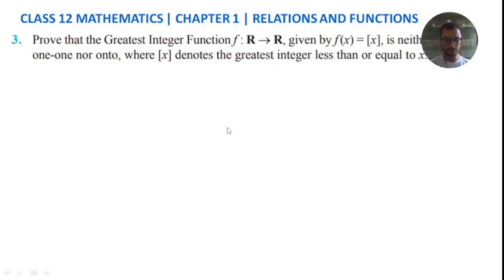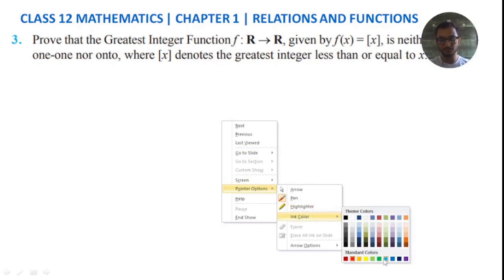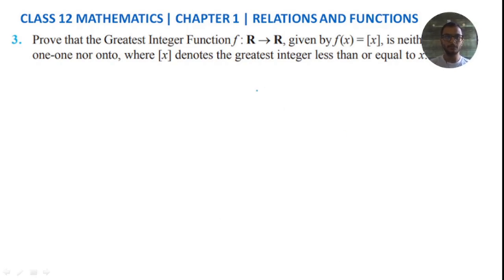Prove that the greatest integer function f from R to R given by f of x equals the greatest integer, [x], is neither one-one nor onto, where [x] denotes the greatest integer less than or equal to x. Still, I will give you some idea.